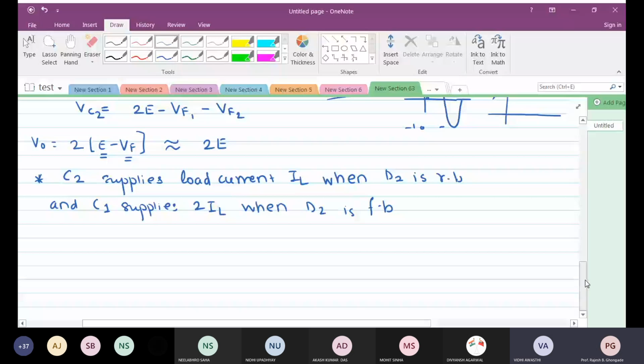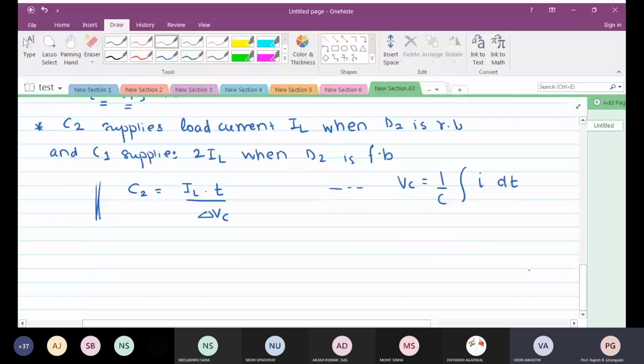Now how to find out the capacitor value? C2 is given as IL into T divided by delta VC. Where do I get this equation from? Guys, we have seen such a kind of equation. Again, concept: voltage across a capacitor is 1 by C integral of I dt. I'm assuming that the capacitor is discharged with a constant current source.